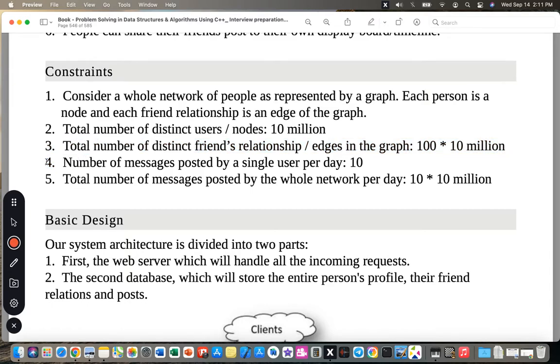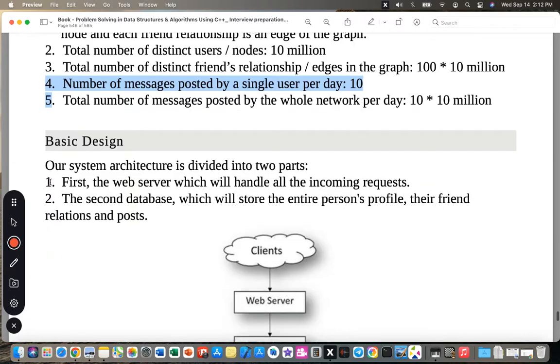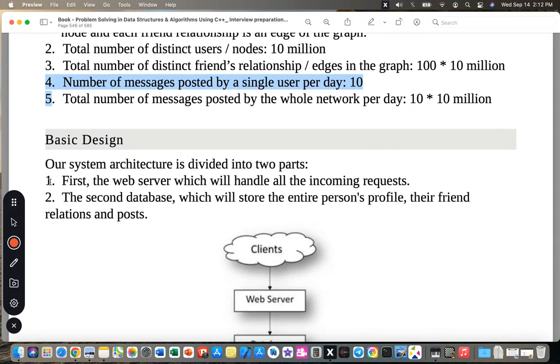Number 3, the number of messages posted by a single user per day is up to 10 messages. A regular Facebook user, I think, can post more than 10, right? But this is what came in the question. Number 4, and number 5, the total number of messages posted by the whole network per day is 100 million, 10 by 10, right?